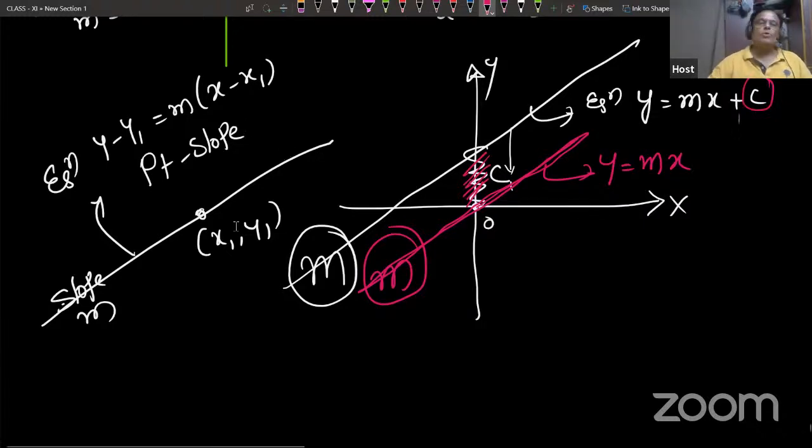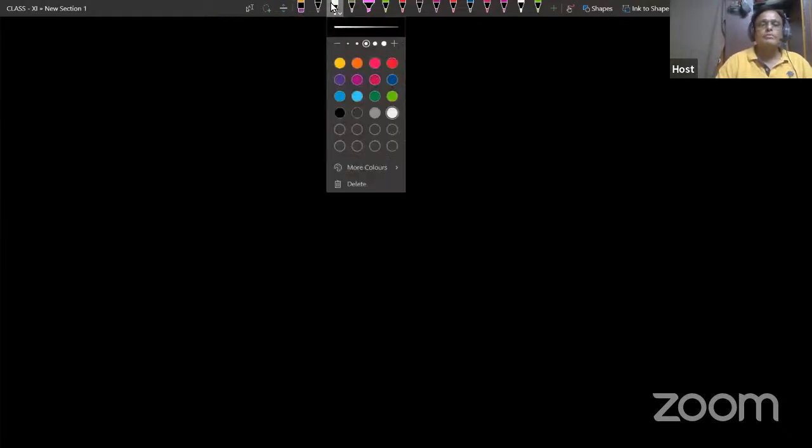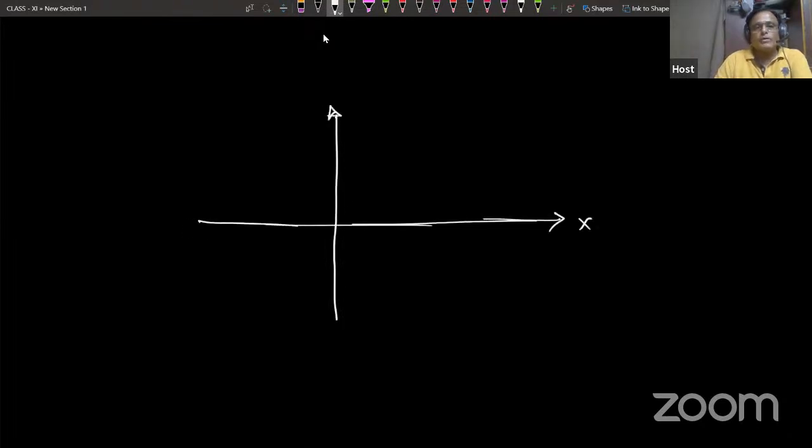Next, one more concept, one more theorem, before we solve the textbook problems. Look at the basic diagram again. This is the x-axis and this is the y-axis.